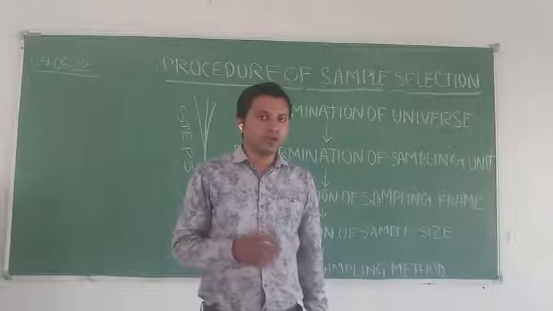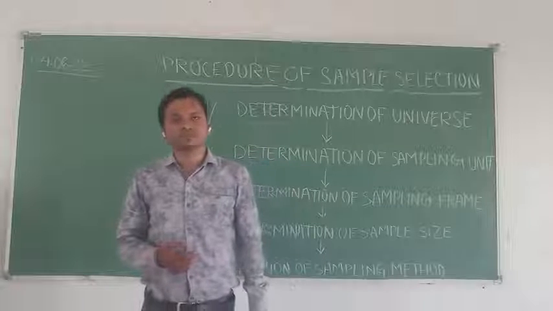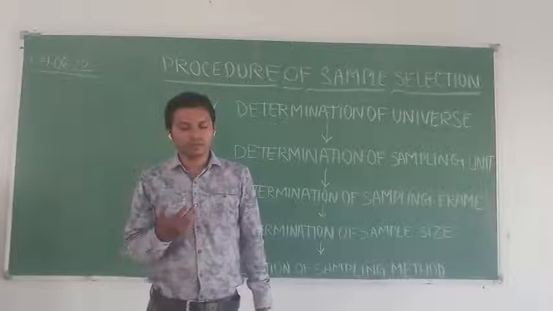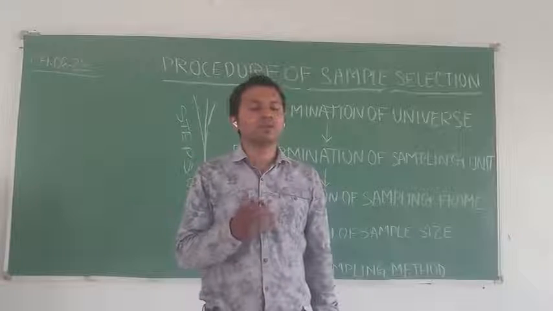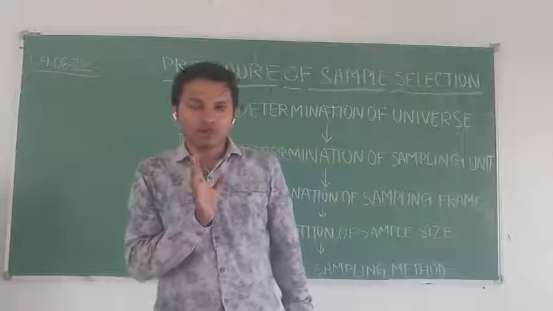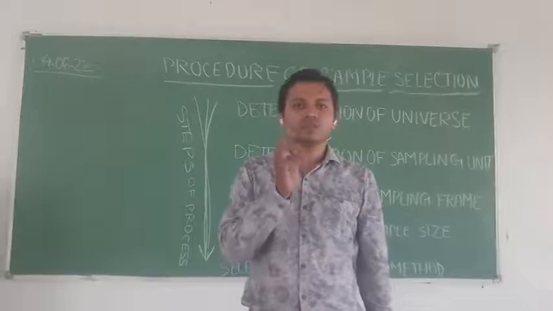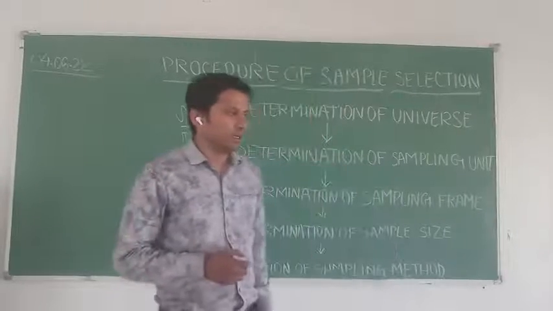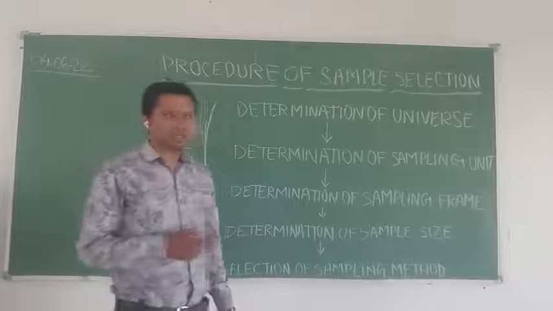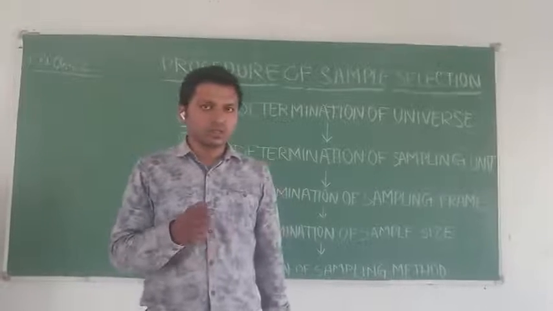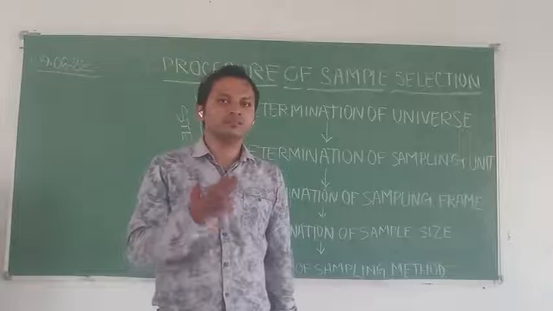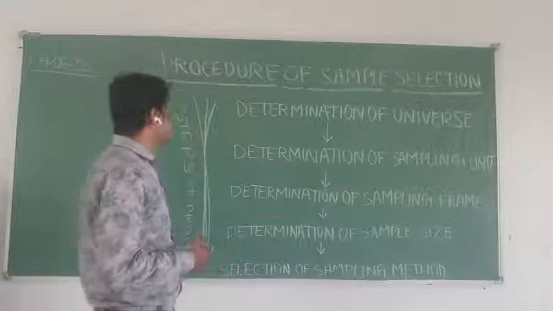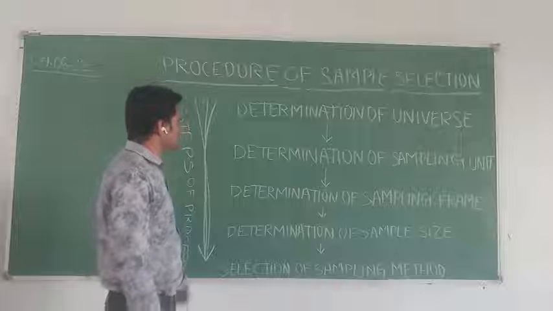There are a few kinds of sampling, and we can choose the appropriate sample type according to the need of our research topic. But in today's lecture, we will discuss the process of how to select the samples.